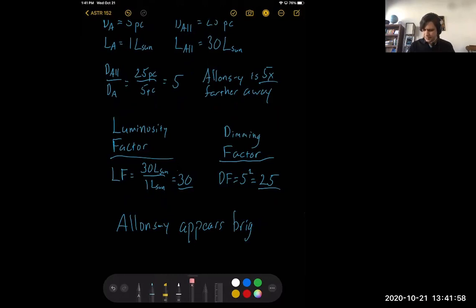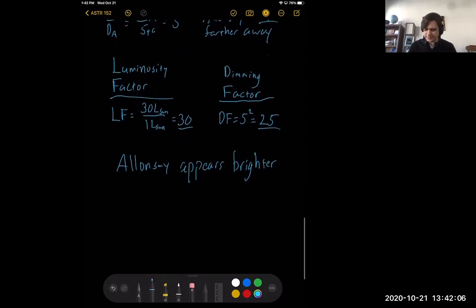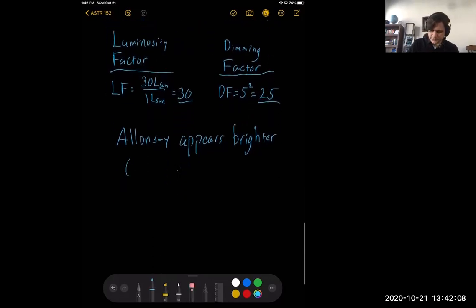So Alonzi appears brighter. And you can even figure out how many times brighter, because then you'd have 30 divided by 25, which would be 1, and then 5/25, which would be 1.2.